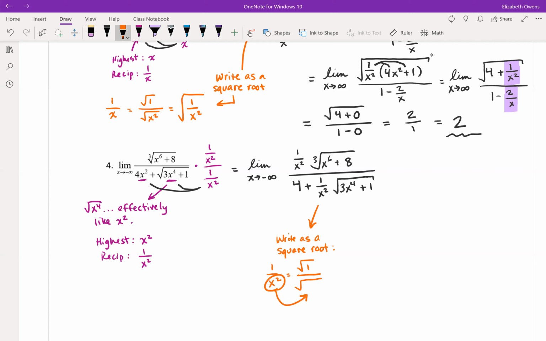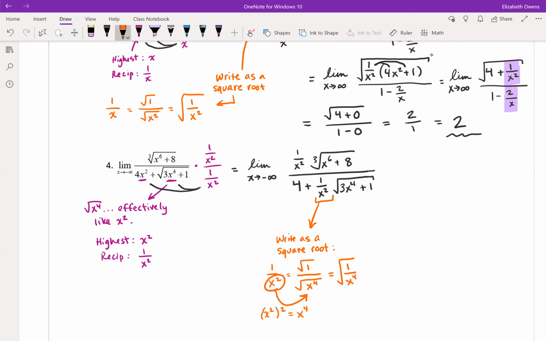Okay, so x squared squared is x to the 4th, and so x to the 4th should go underneath our square root there. All right, the square root of x to the 4th is x squared. And so then we can write this as the square root of 1 over x to the 4th. And that's what we'll do.